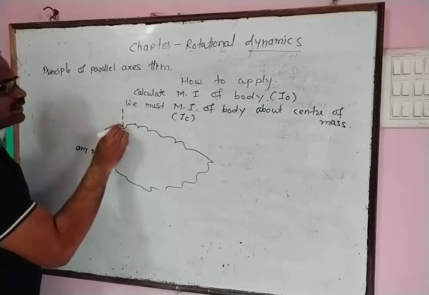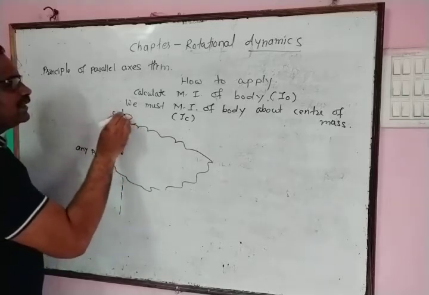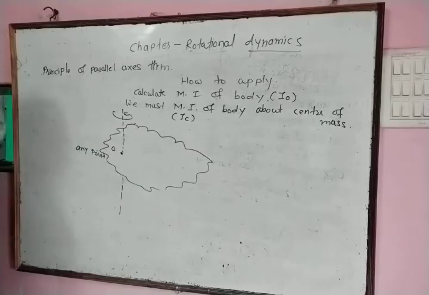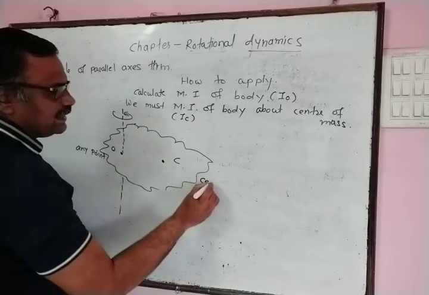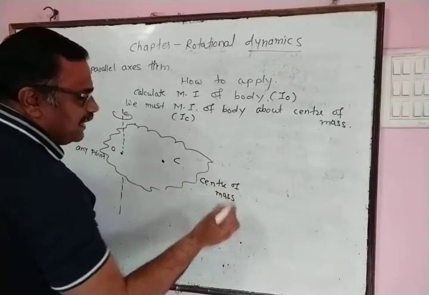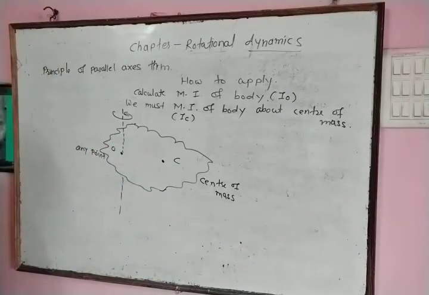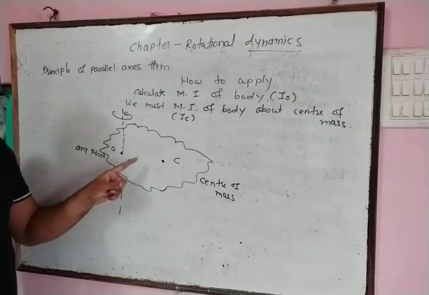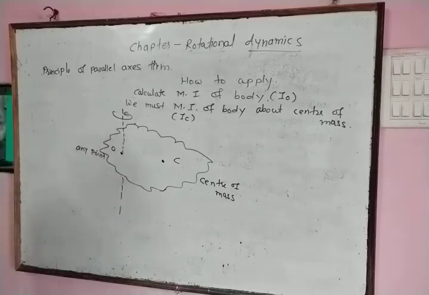One axis passes through point O, and consider this body is performing rotational motion about an axis passing through point O. Now let us consider C. It is the center of mass, the point at which total mass of body is supposed to be concentrated, in order to study motion of object according to Newton's second law.